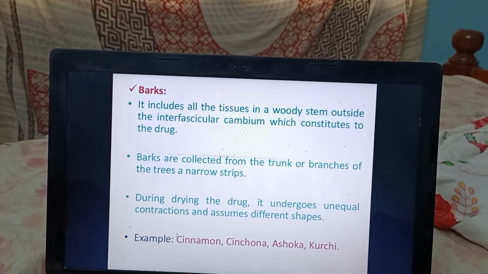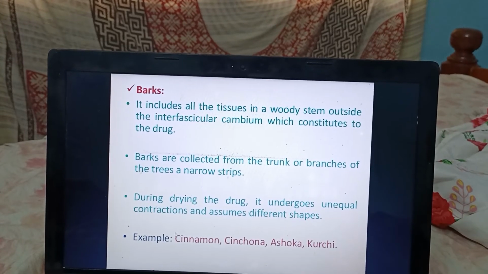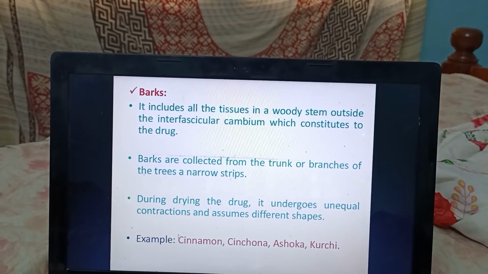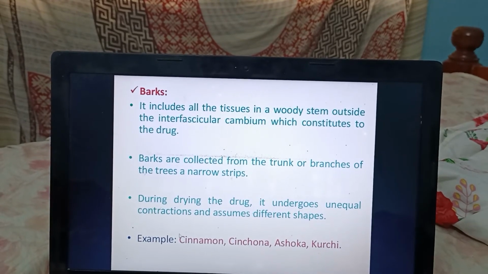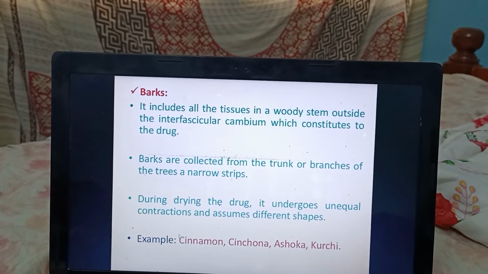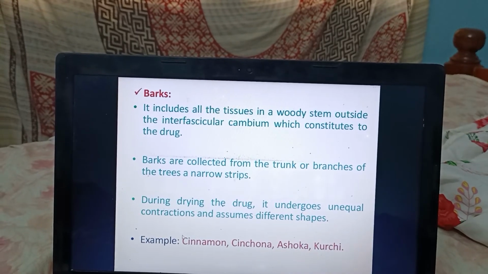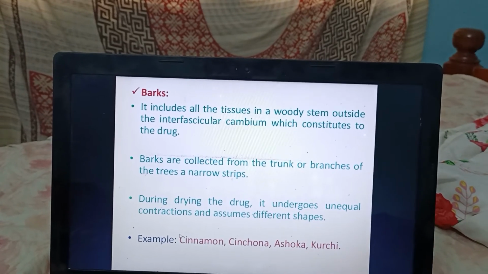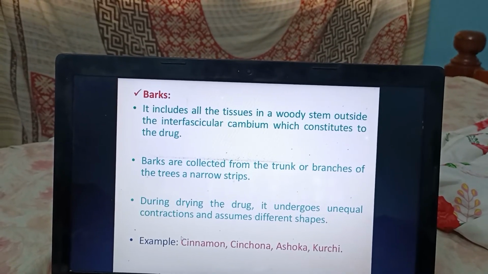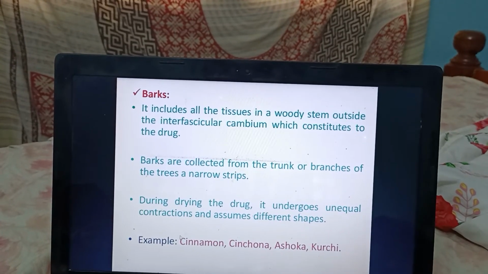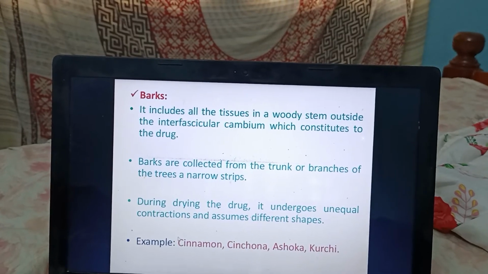So when coming to barks, it includes all the tissues in a woody stem outside the interfascicular cambium, which constitute the drug. We can see the bark of any tree, but some of the barks have medicinal properties.